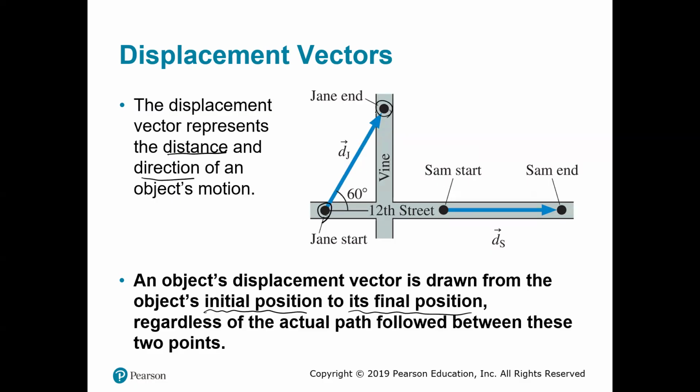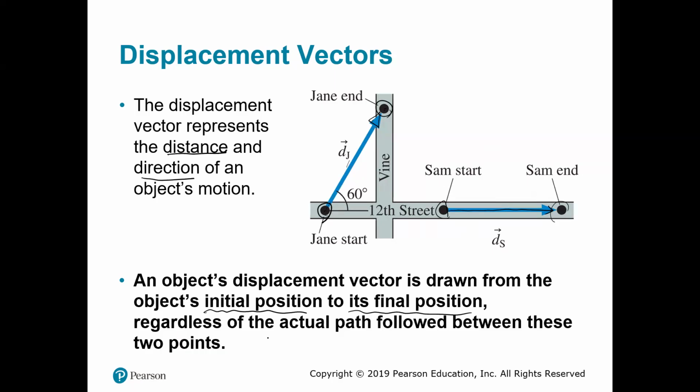Again, go back to the last lecture: we see displacement, we only care about the initial and the final position. In this case, this is in two-dimensional space, so you just connect the line starting from here, ending here. So this is Jane's displacement. And the same, starts here, ends here. If you connect this line, this is Sam's displacement.